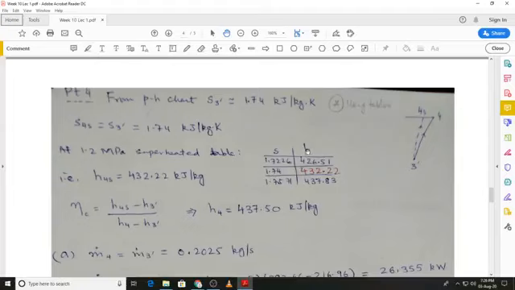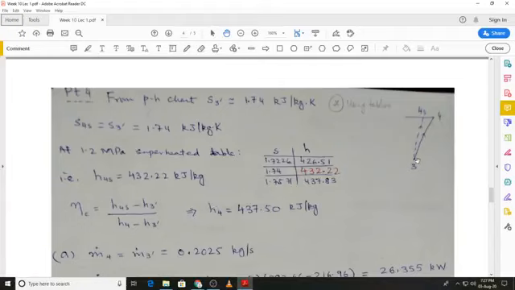So we have these corresponding enthalpy values from the superheated property table, and then we find out the enthalpy of the refrigerant for an isentropic process for which the entropy value is 1.74 kilojoule per kilogram Kelvin, and that value comes out to be 432.22 kilojoule per kilogram. And so that is the enthalpy H4S. And once again we will use the value of the isentropic efficiency of compression.